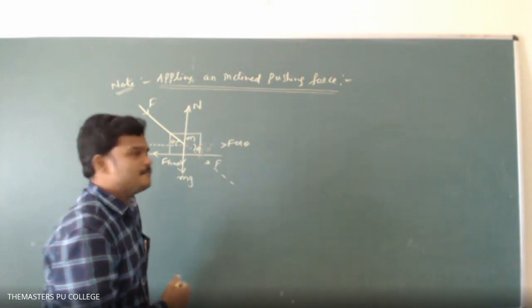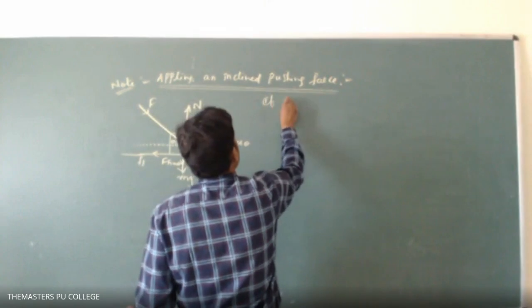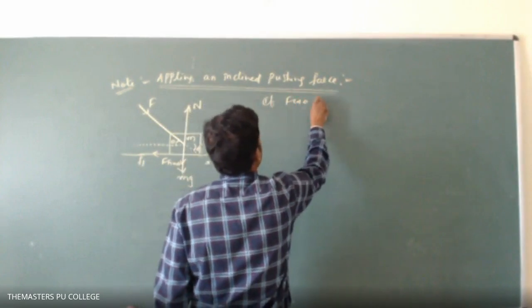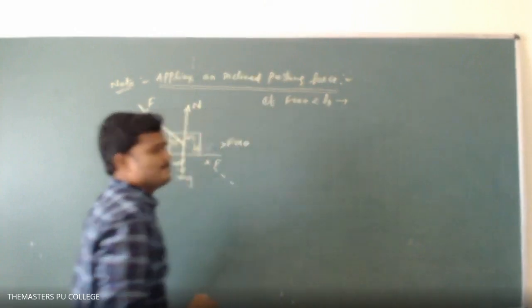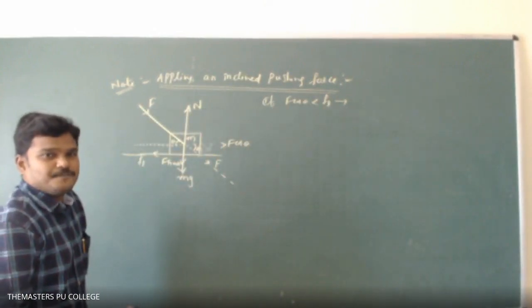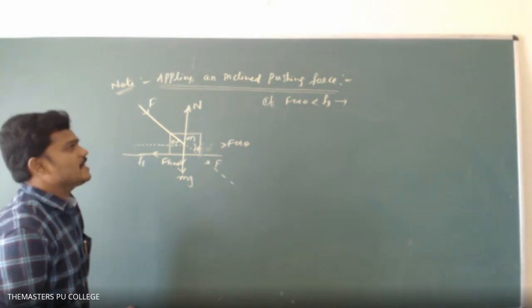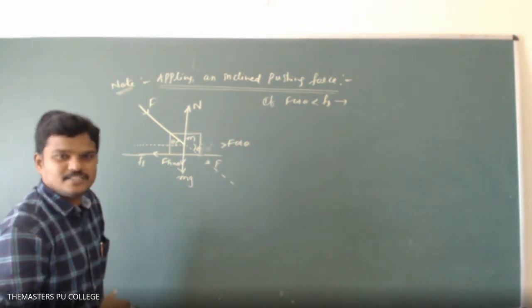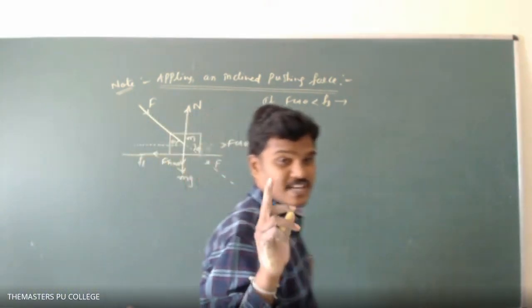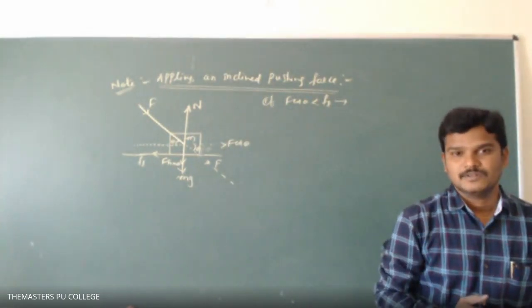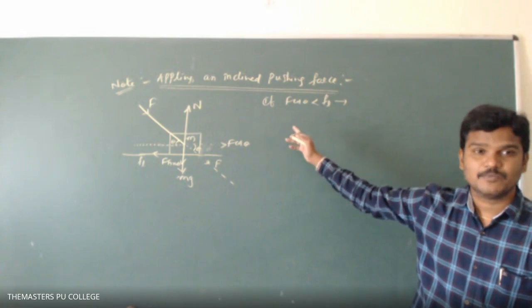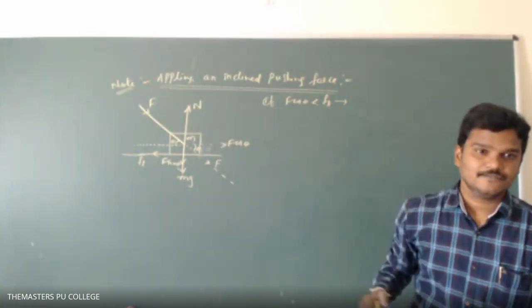Suppose F cos theta is less than FL. Will the body move? No, sir. The body will be static on the floor. So this is the condition for a body to be static on a floor.